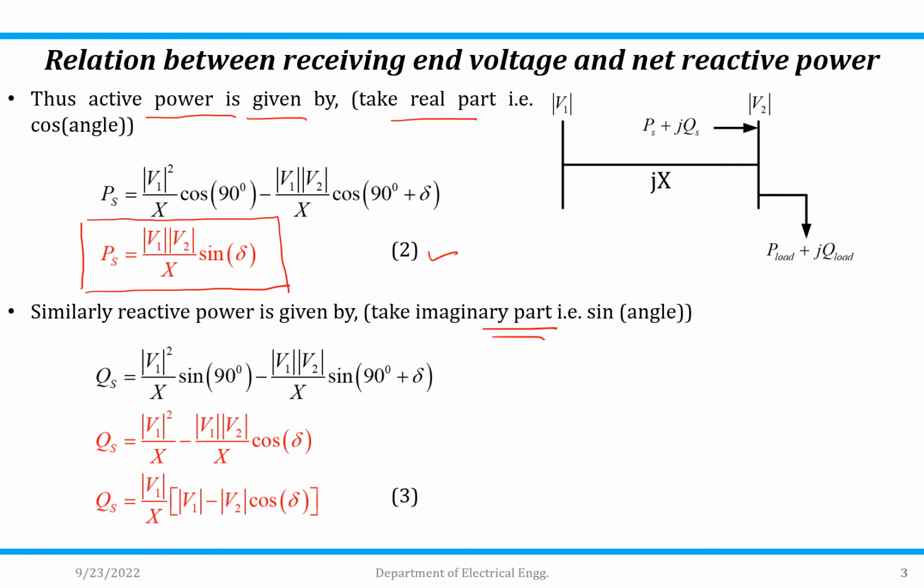So we can write it as minus V1 V2 upon X into cos delta. Now can I take V1 common? Yes. Taking V1 and X common, we get V1 upon X into bracket V1 minus V2 into cos delta. Mark this as equation number 3.